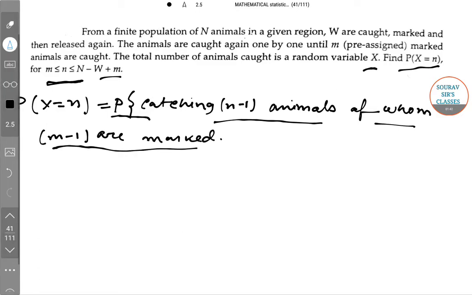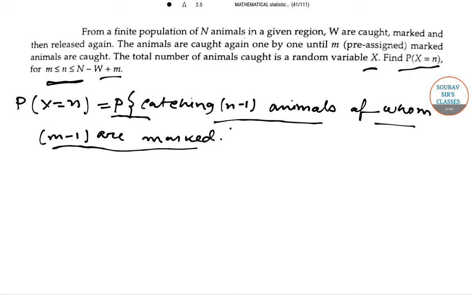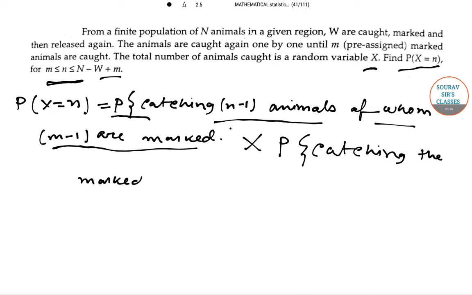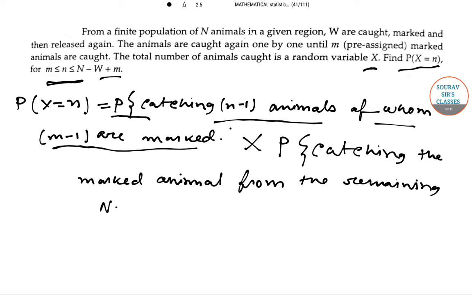Now from here we can write, which is multiplied with the probability of catching the marked animal from the remaining N minus 1 animals.